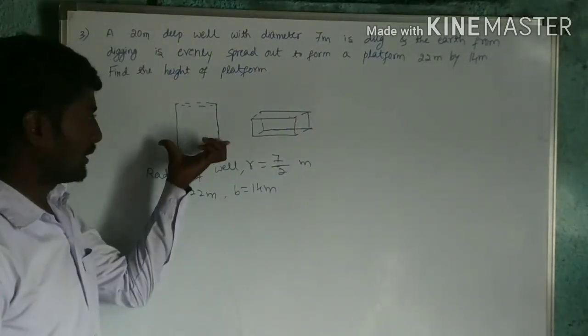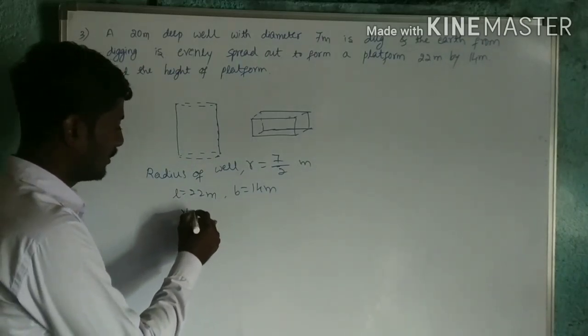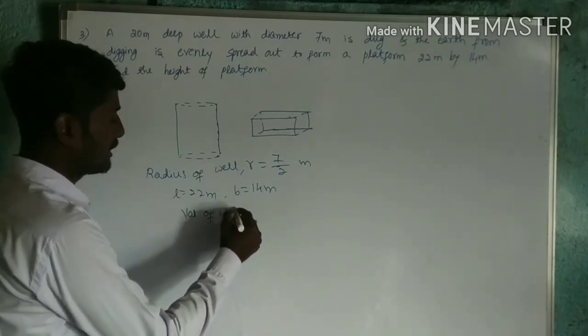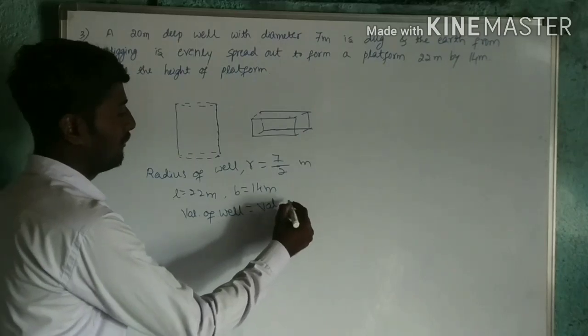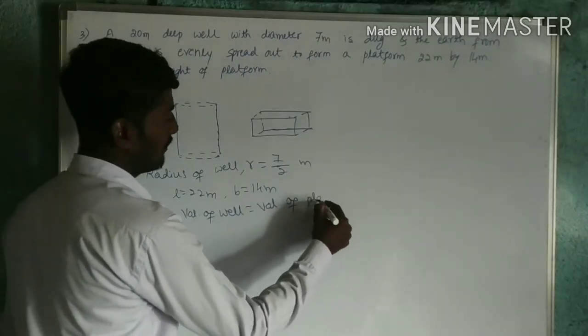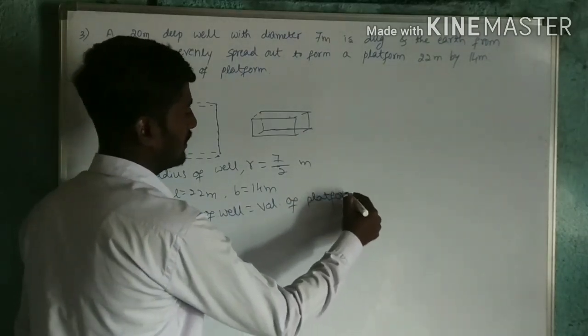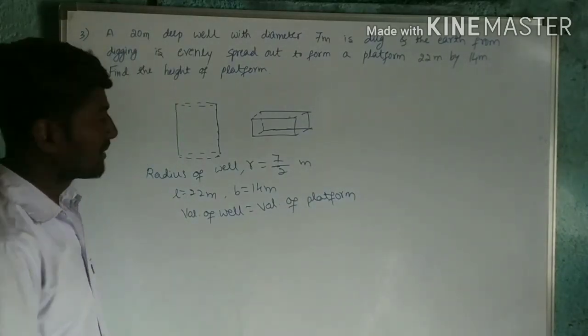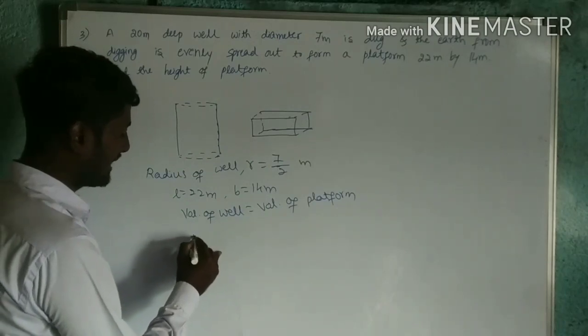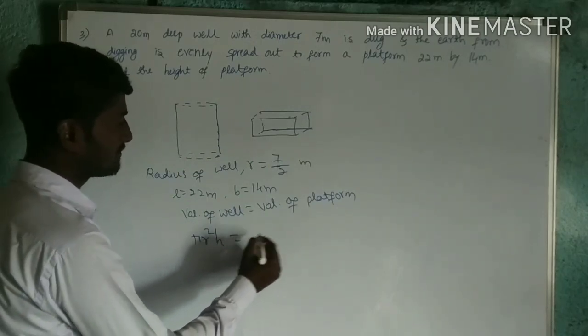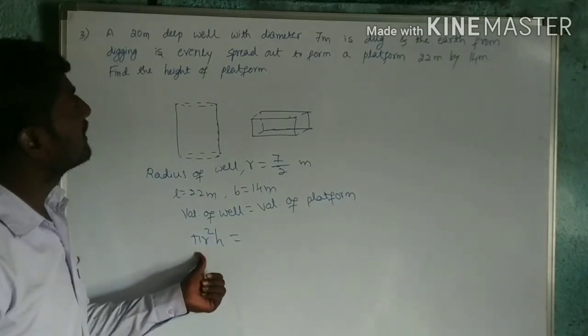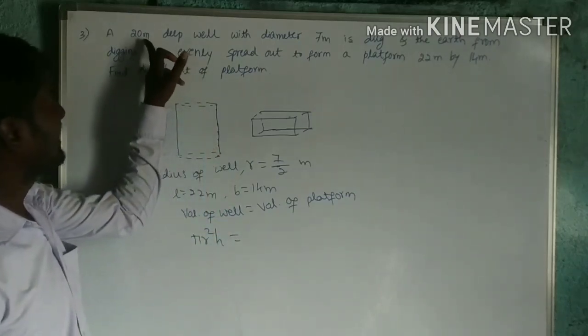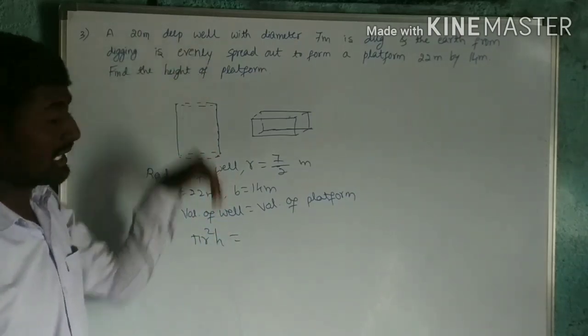So now volume of the well is equal to volume of the platform. The well is in the shape of a cylinder, so the volume of the cylinder is pi r square h. Here deep means height of the well, which is also given.